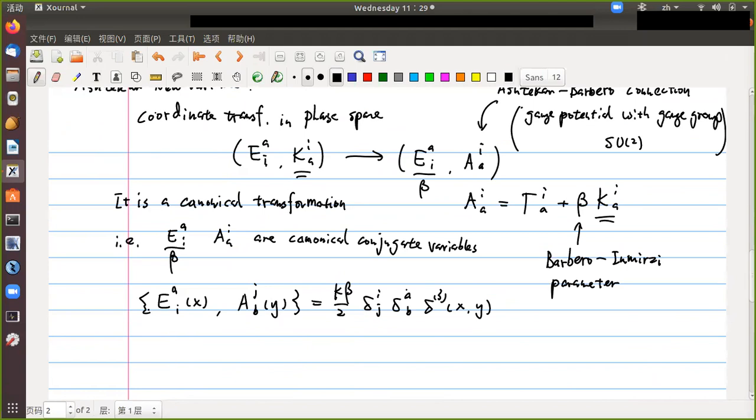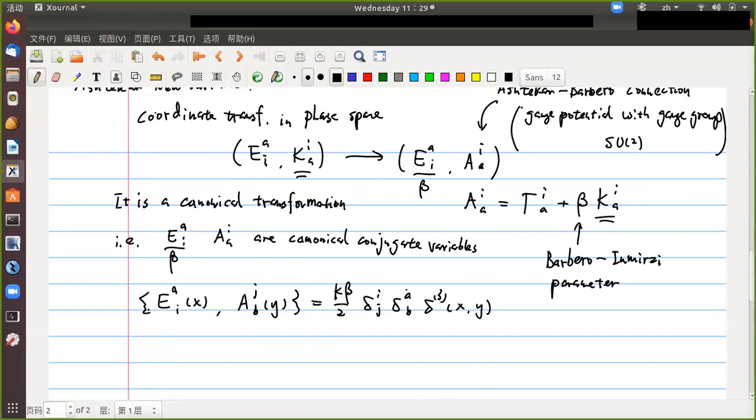What we call a canonical transformation is that we keep the definition of Poisson bracket invariant, just making a coordinate transformation or change of variable in phase space, but still we end up with canonical conjugate variables.